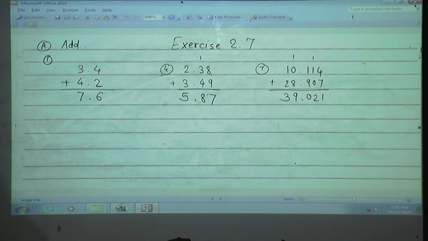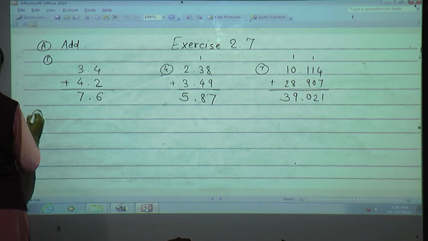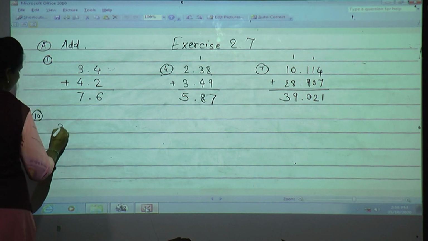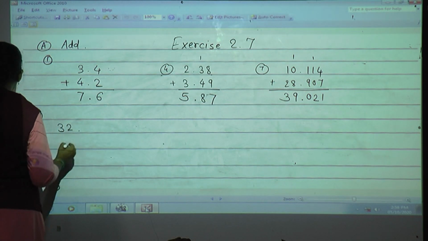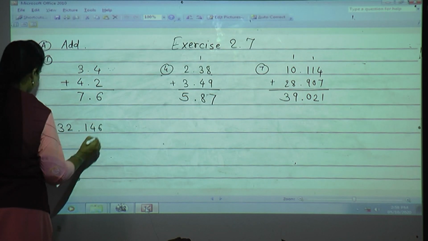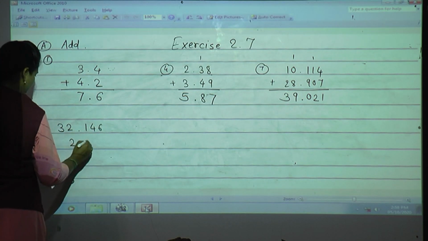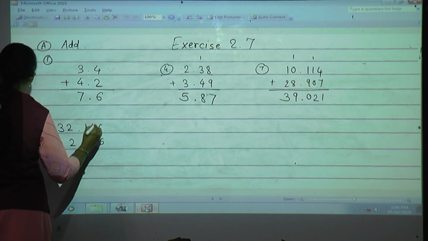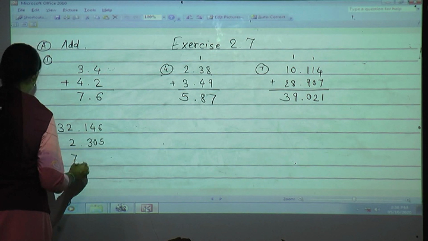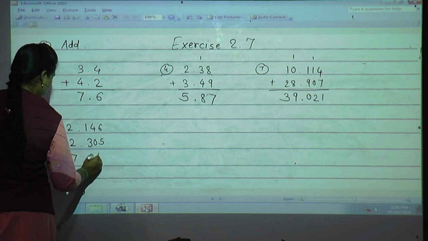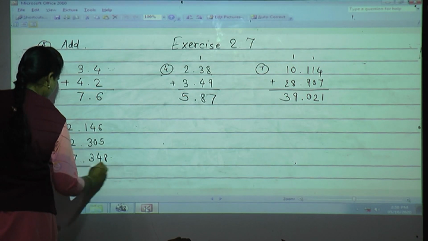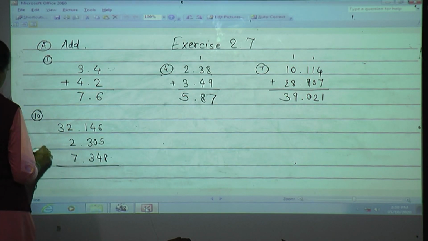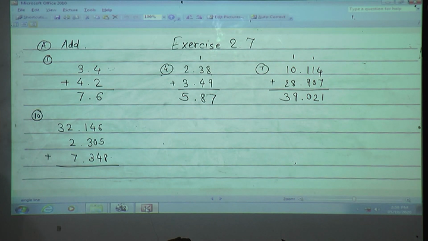Next. Now the 10th one I will solve for you. See the 10th one: 32.146, 2.305, 7.348. Now 3 decimal numbers they have given. Don't be confused, you just have to add the numbers.